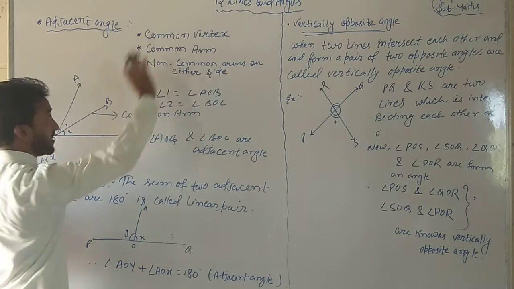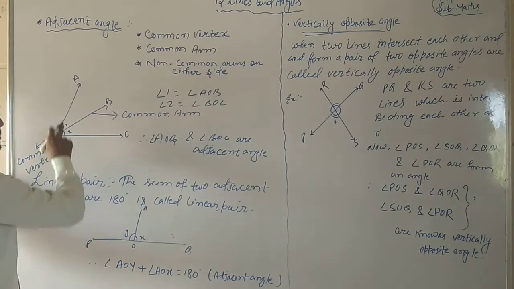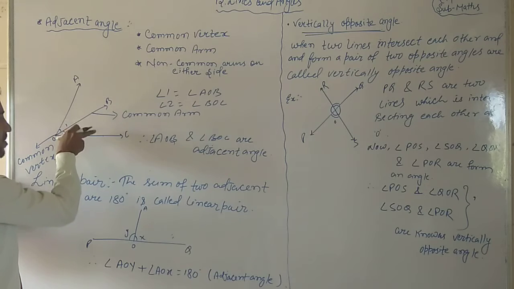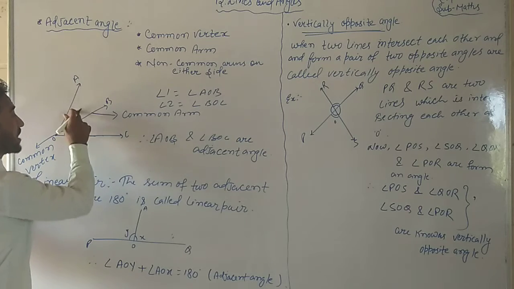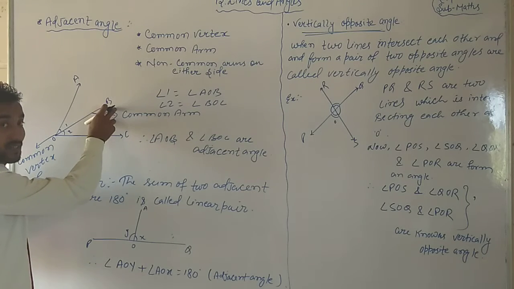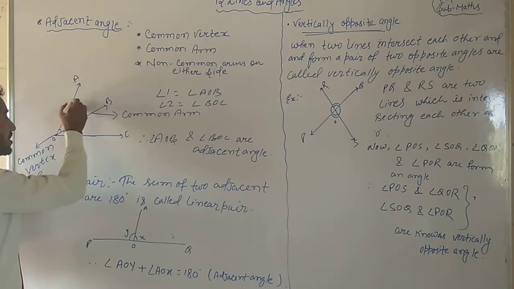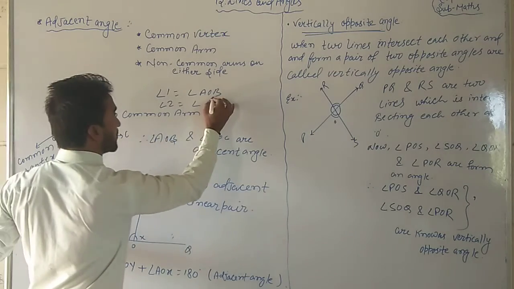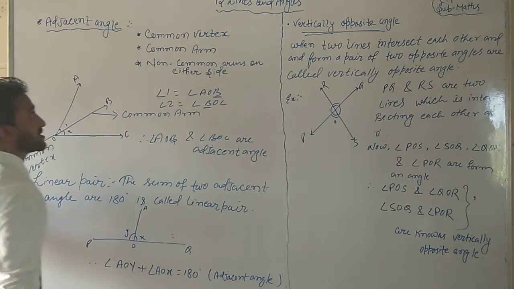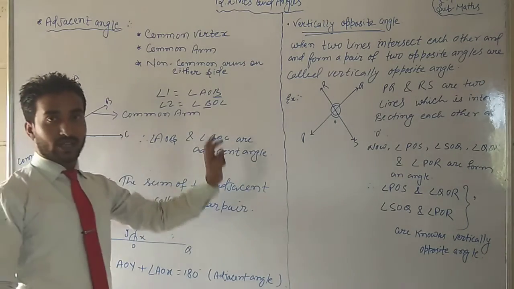That is the first condition satisfied. Second, the common arm: among all these lines, OB is the common arm. Why? Because OB appears in both angles. Angle 1 is AOB, angle 2 is BOC, and you can see OB is included in both.